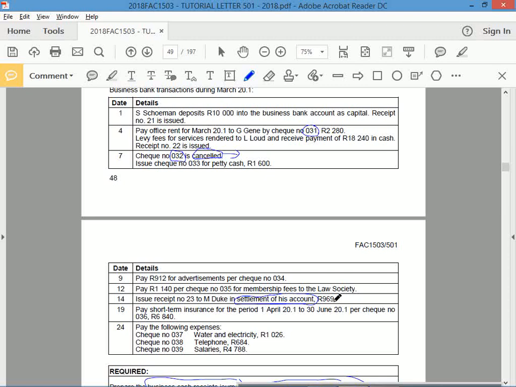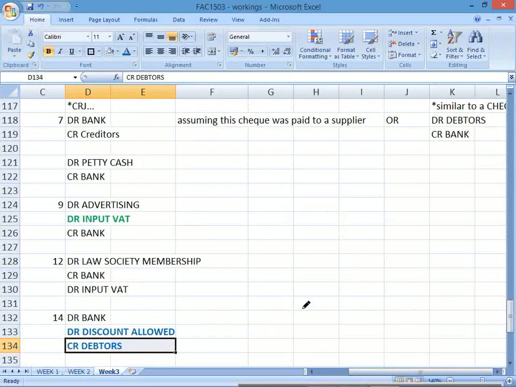They don't have to tell you there was a discount; they just tell you it's in settlement of his account and give you an opening or closing balance. So look out for that. If there's no discount, you ignore it; if there is a discount, you include it. That's the working, and once you've got the working, the posting is easy. You just look for the right column.